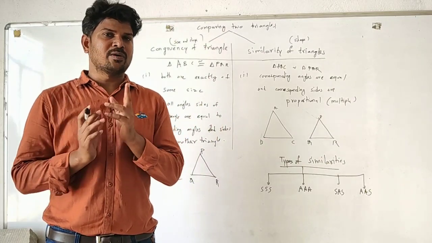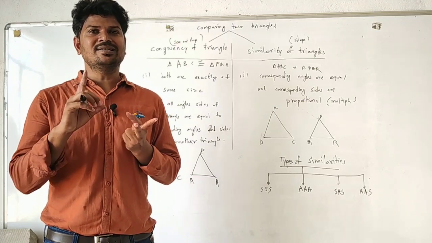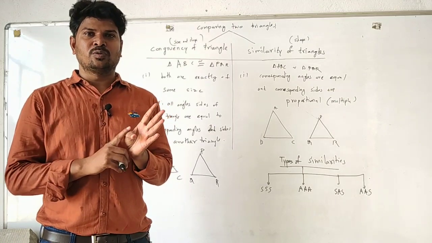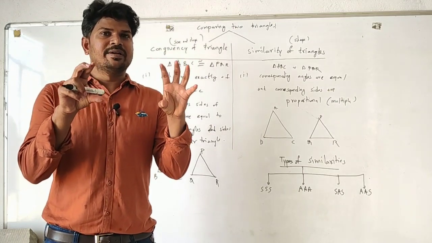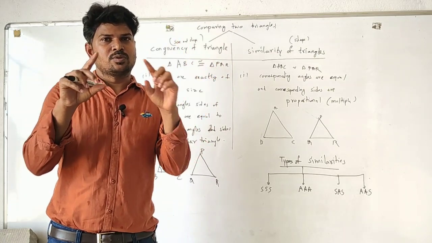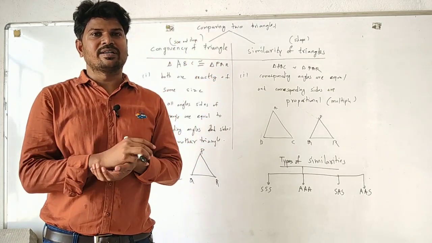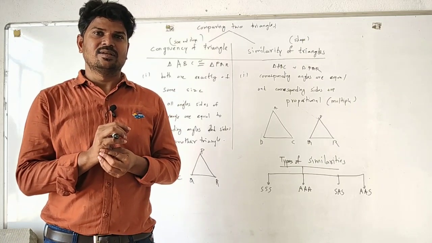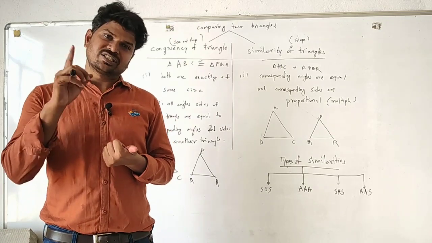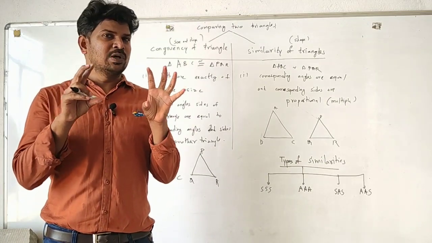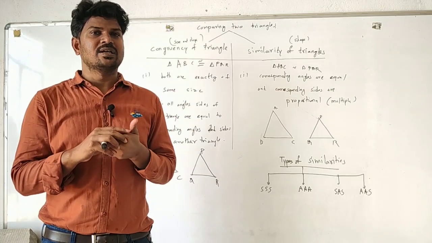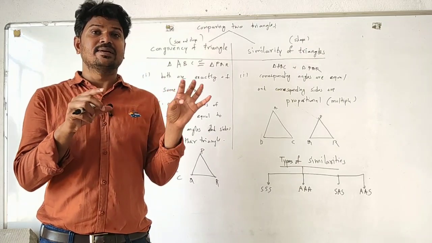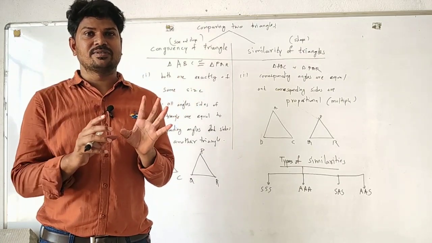For comparing two triangles, we have two concepts called congruency and similarity. What is congruency? Congruency is nothing but if two triangles are the same in size and shape, then we call them congruent triangles. That is, congruent means identical. If they are identical both in size and shape, in order to have equal size and shape, all their angles must be the same and all sides must be the same in values.